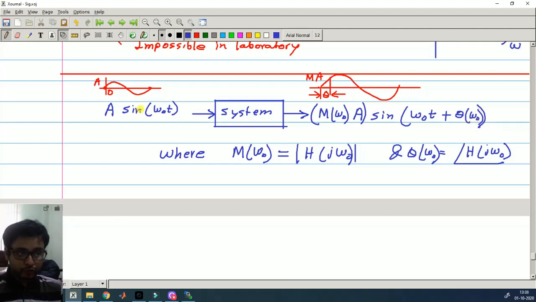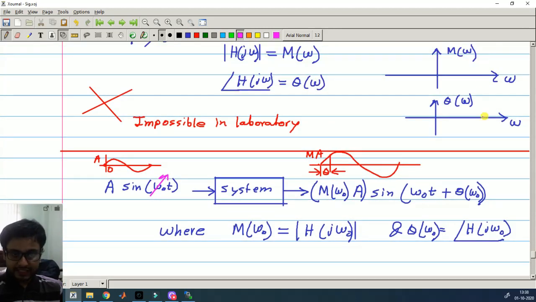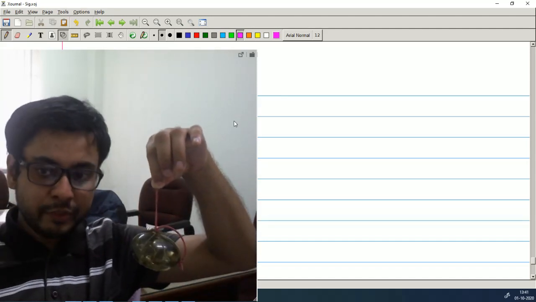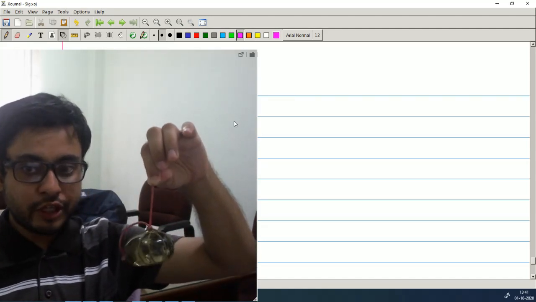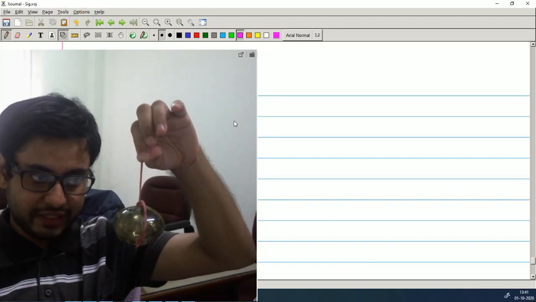And you can vary your omega naught, and then you can record the amplification, magnification and phase shift for different values of omega naught, and then you can plot it like this as a function of omega. Okay, great. Let me demonstrate frequency response with some experiments.